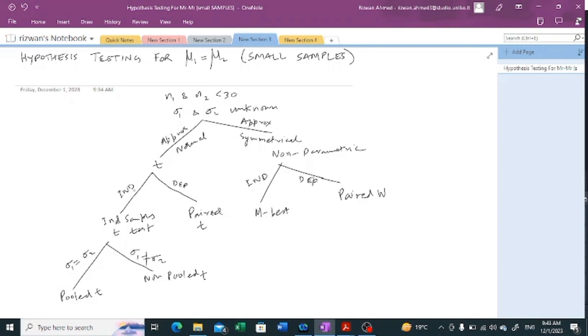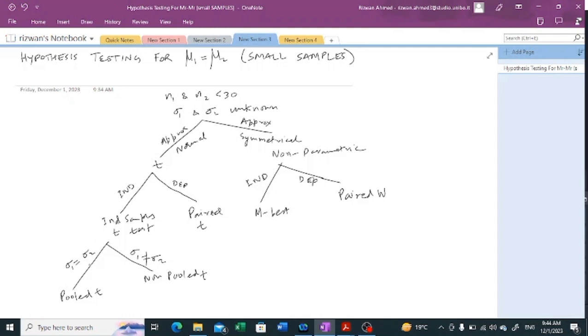So if the cases are independent samples, that we need to recognize after reading the question and looking at the data carefully, we have again two options to deal with. First of all, we will perform equality of variance test, that is F test.